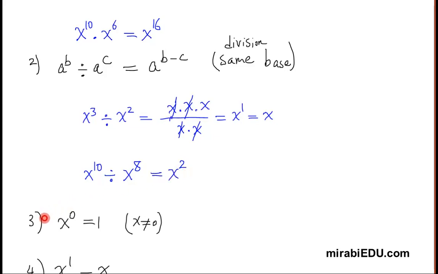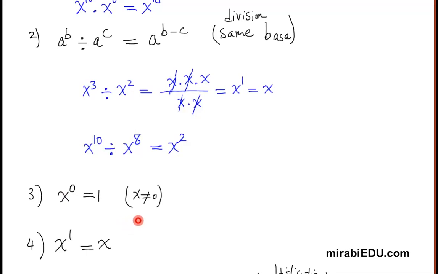Another rule is every number to the 0 power is 1, but x shouldn't be 0. x can be every real number. x can be a negative number, a positive number, rational, irrational, whatever, except 0. There is a reason for that.